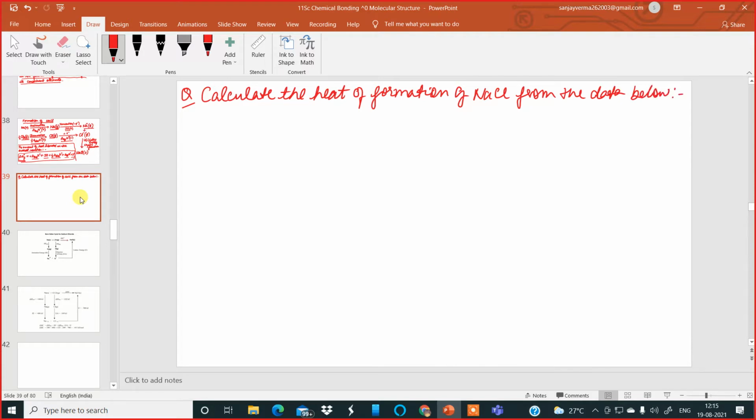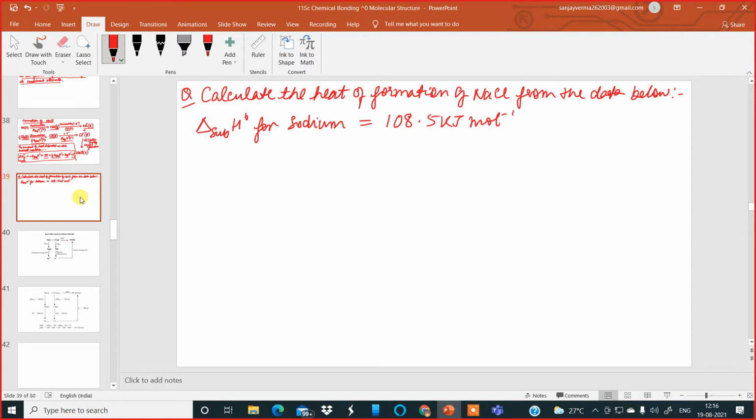Now the data is given over here. The value of delta sublimation H naught for sodium is given 108.5 kilojoules per mole. That is called heat of sublimation for sodium.